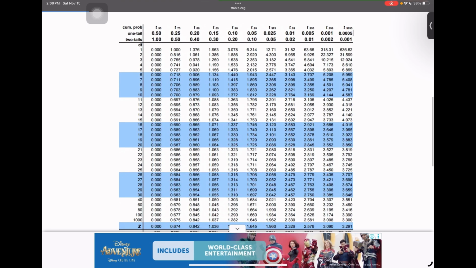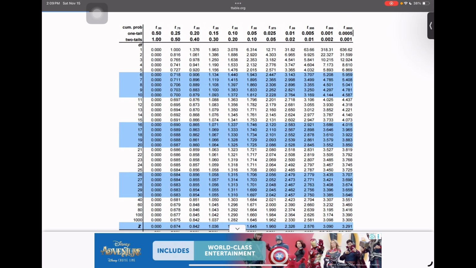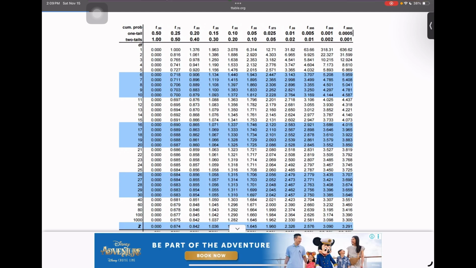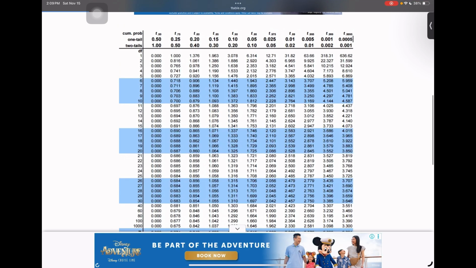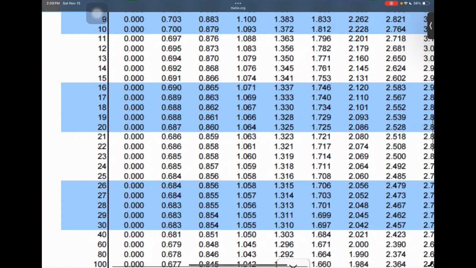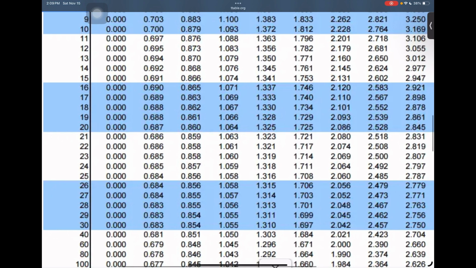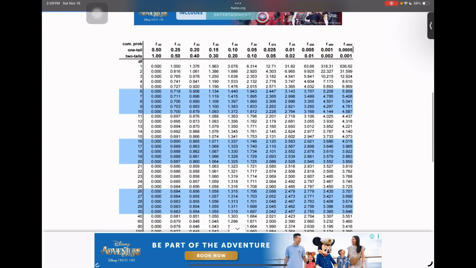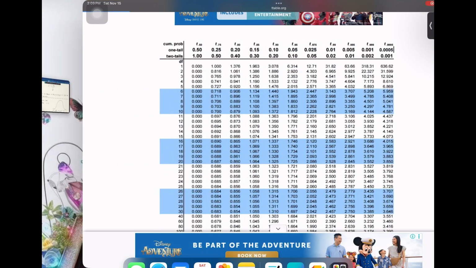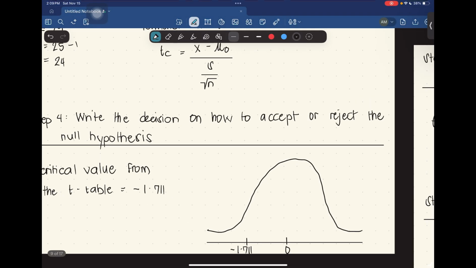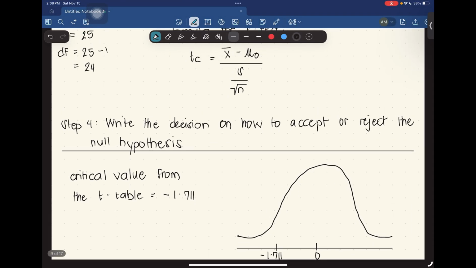So, hanapin lang natin ang ating critical value. And ito nakuha natin, 1.711. Since ang ating test is to the left, kaya siya naging negative.